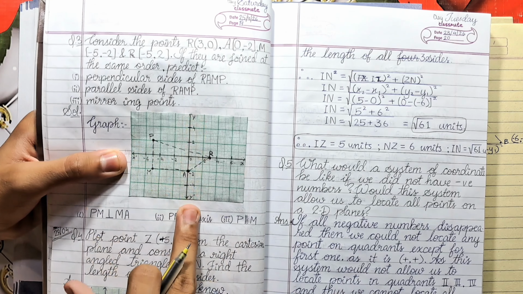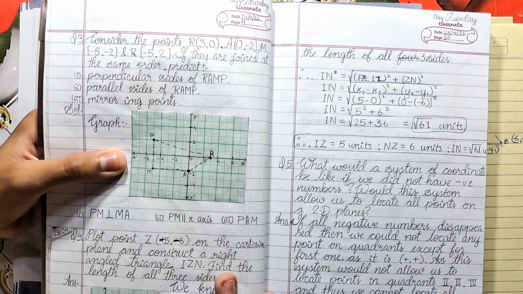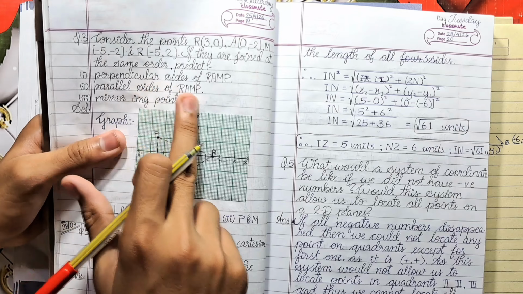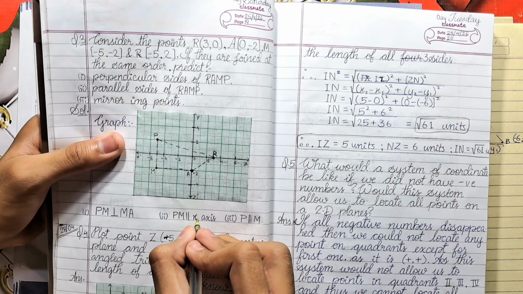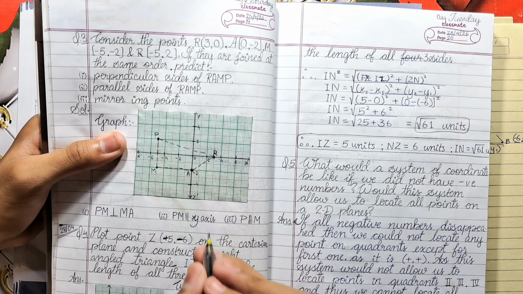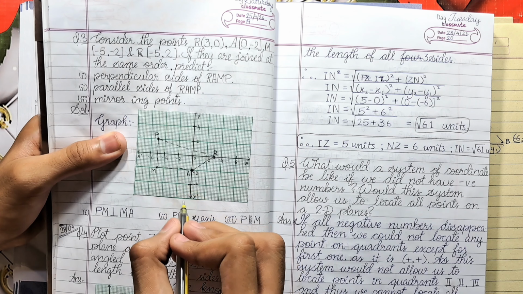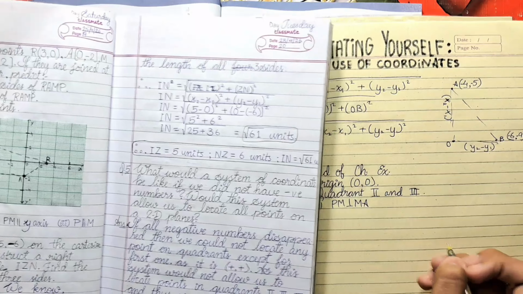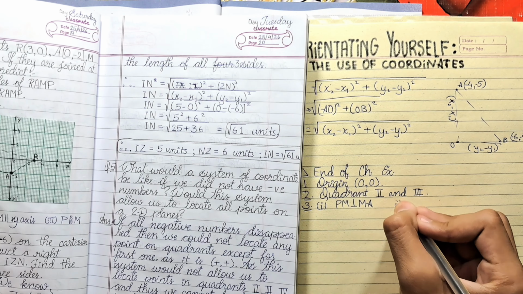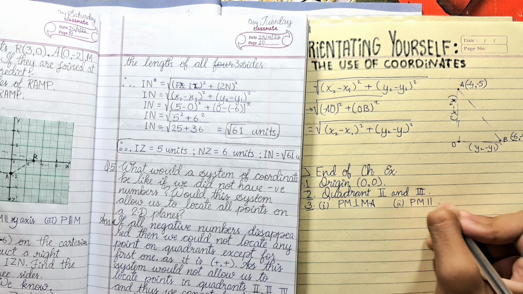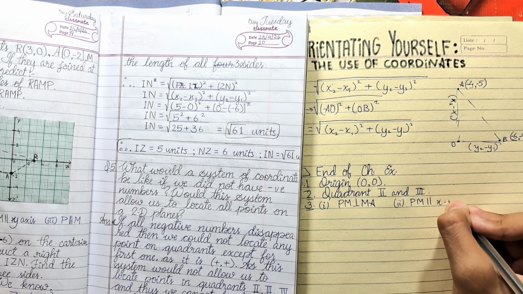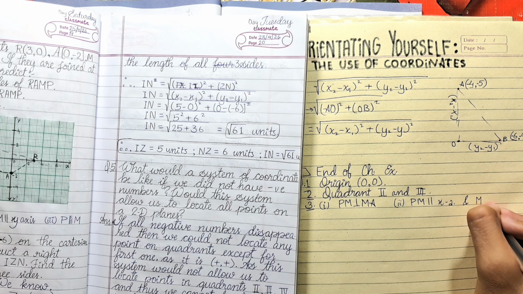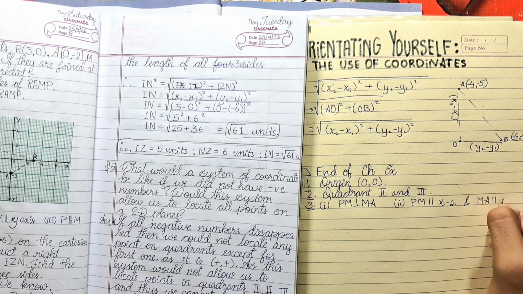Which line is parallel to the x-axis? PM is parallel to the y-axis, and MA is parallel to the x-axis.